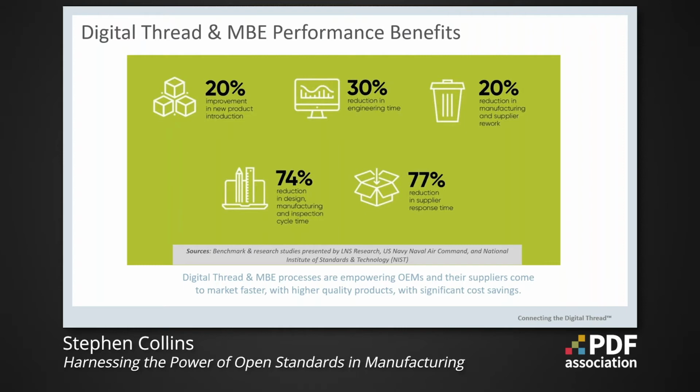They're doing substantially less manufacturing and supplier rework. So you see reductions in material waste and scrap, which saves a tremendous amount of expense. Products are coming to market faster. The benefits go on and on. So getting this right, and when we see organizations that are delivering that information to the downstream consumer in the right way, and then making sure that it's coherent and up to date in real time, so that everybody's always dealing with the correct authoritative data in order to do their jobs, we find that the performance benefits are tremendously positive.